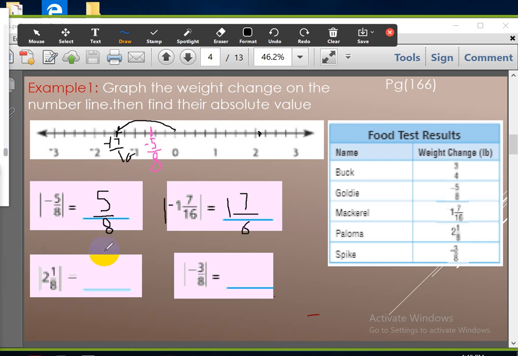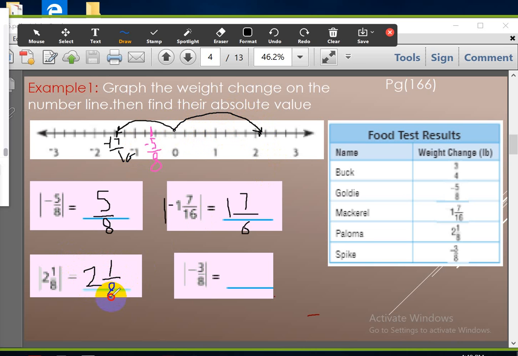Okay, yes, Lamar, open your mic and tell me, what is the absolute value of 2 and 1/8? Okay, I want you to think about it. The absolute value of a positive number is the distance between the point and the 0 point. That means if you count the distance, it will be the same number, 2 and 1/8.